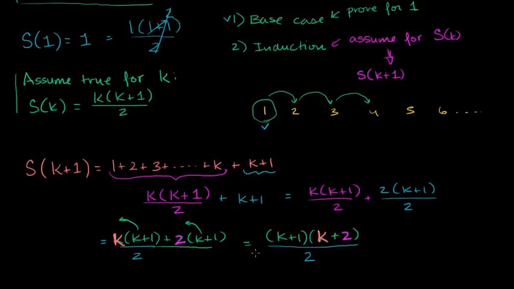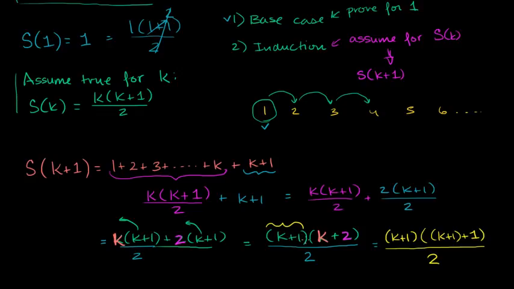Now, we can rewrite this as k plus 1 times k plus 1 plus 1, right? This is clearly the same thing as k plus 2, all of that over 2.